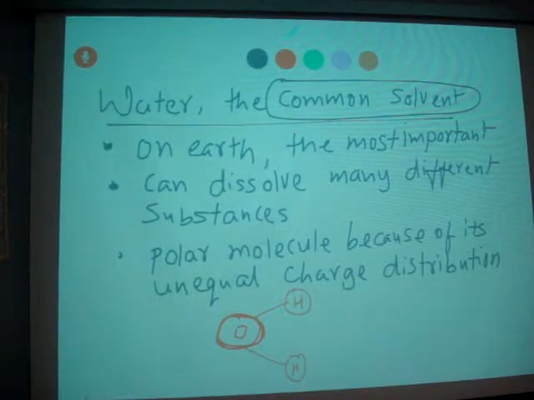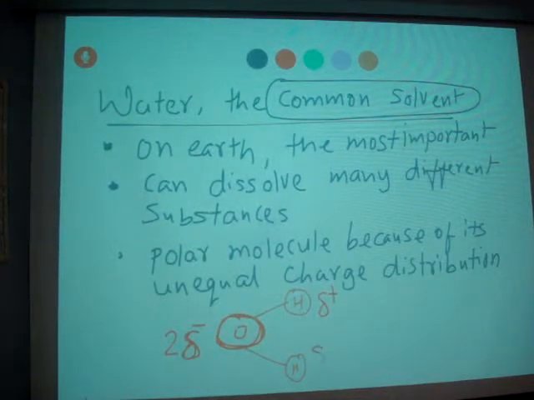Now the charge on oxygen is 2 delta minus because it's negatively charged, and the hydrogens are positively charged. Whenever there is unequal distribution of charges, polarity goes from hydrogen to oxygen, and the bond angle between them is about 105 degrees.